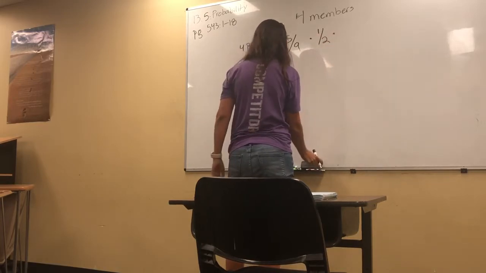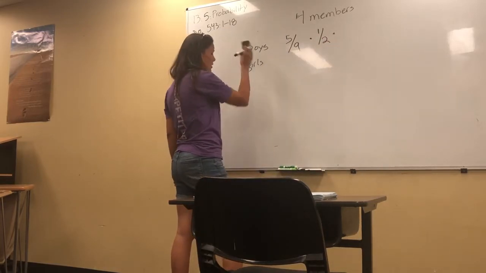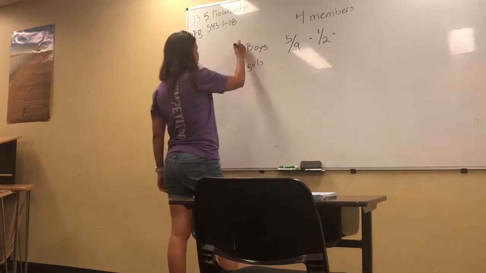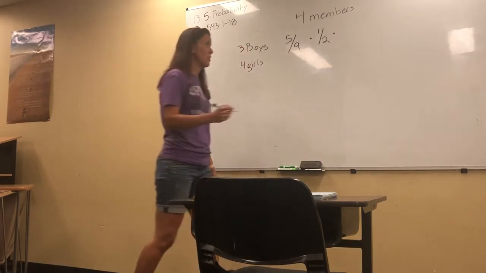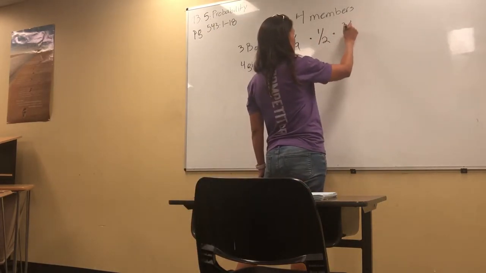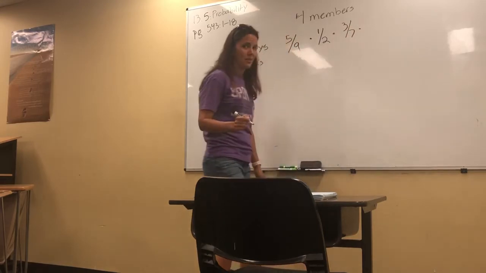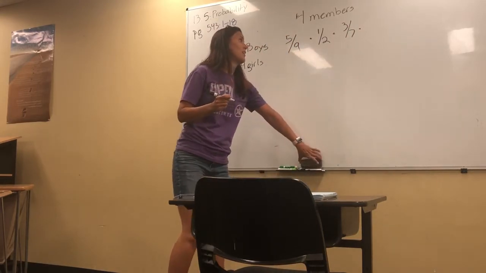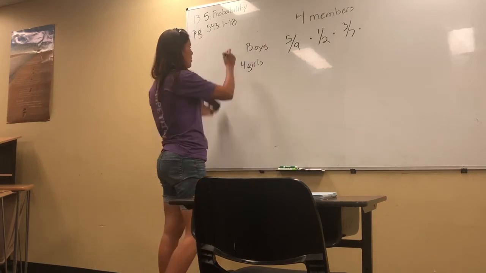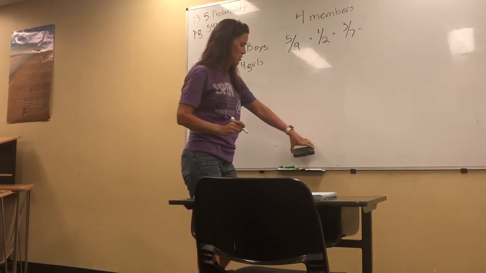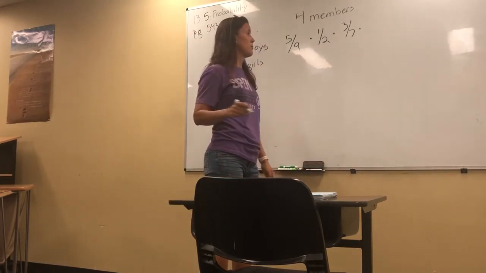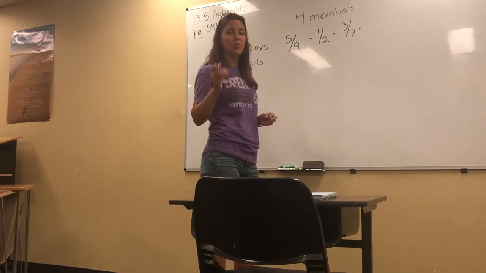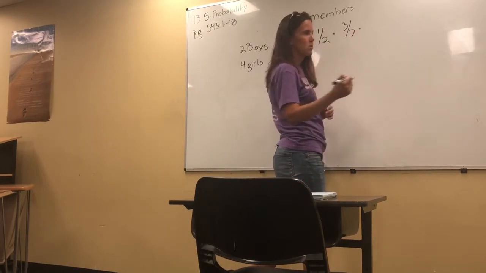That's my second event. Now I'm at my third event. I'm down to 3 boys, 4 girls, which means a total of 7. So there's a 3 in 7 possibility that I'm going to get a third boy on there. Now if I do in fact get my third boy, I'm down to 2 boys and 4 girls. So I'm down to a total of 6. So what's the probability that I'm going to get a boy? 2 out of 6, which we know is 1 out of 3.